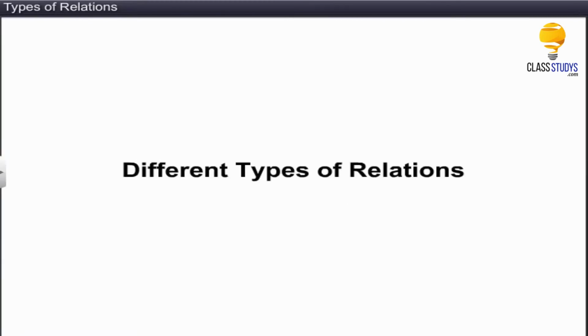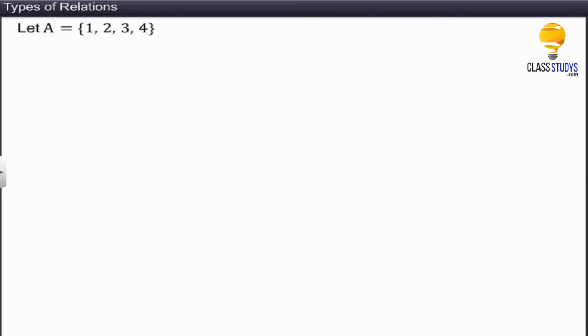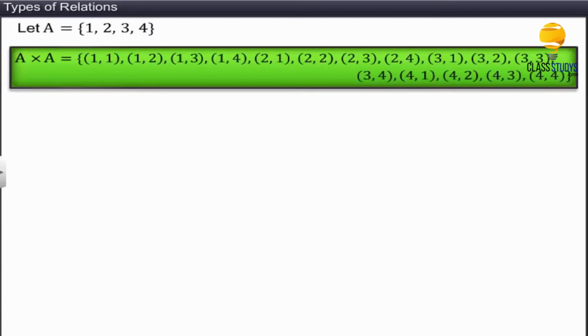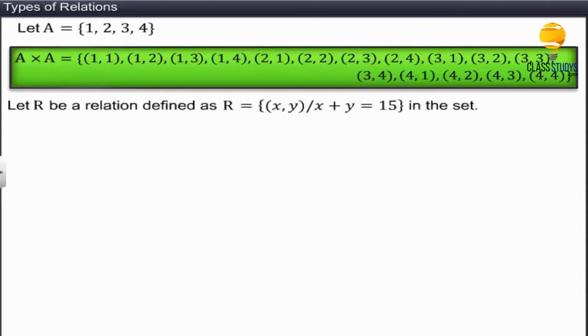Let us now learn about the different types of relations. Consider set A with elements 1, 2, 3 and 4. The Cartesian product of A with itself consists of 16 ordered pairs, as shown here. Let us define a relation R on A, defined as the set of all ordered pairs (x, y), such that x plus y is equal to 15.